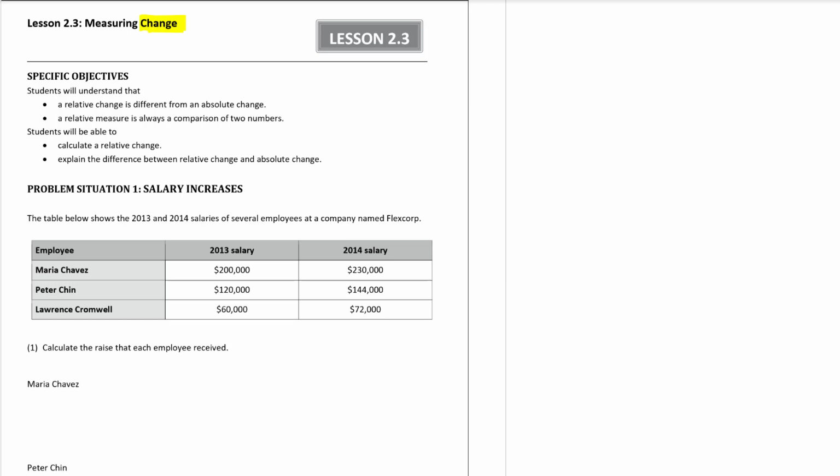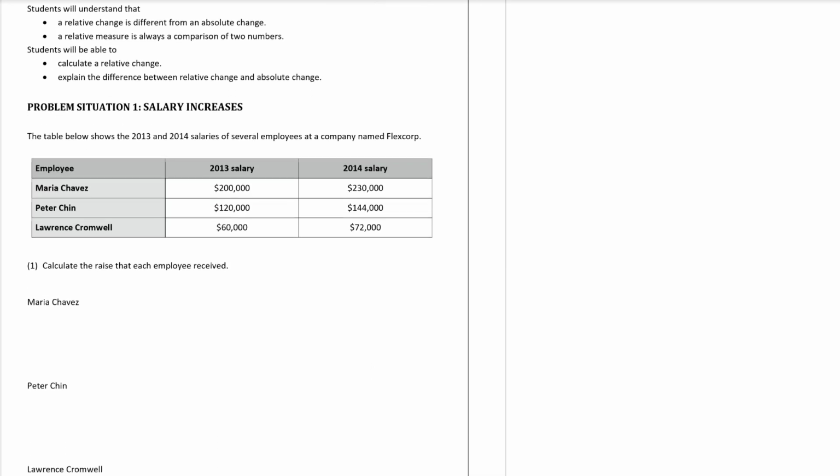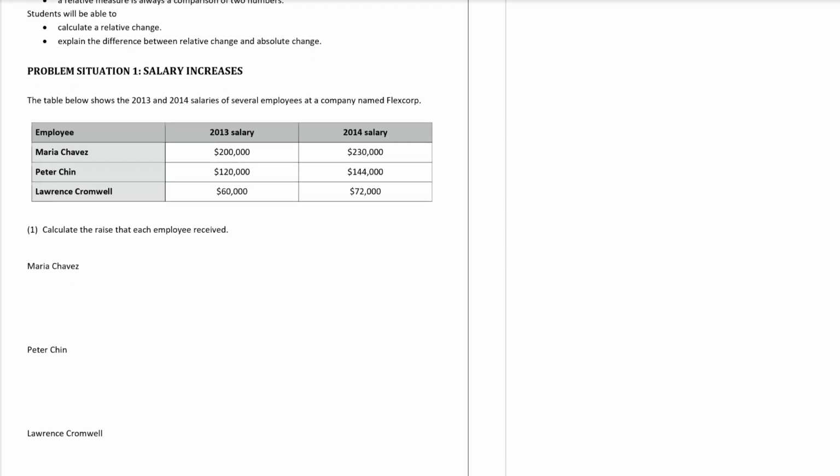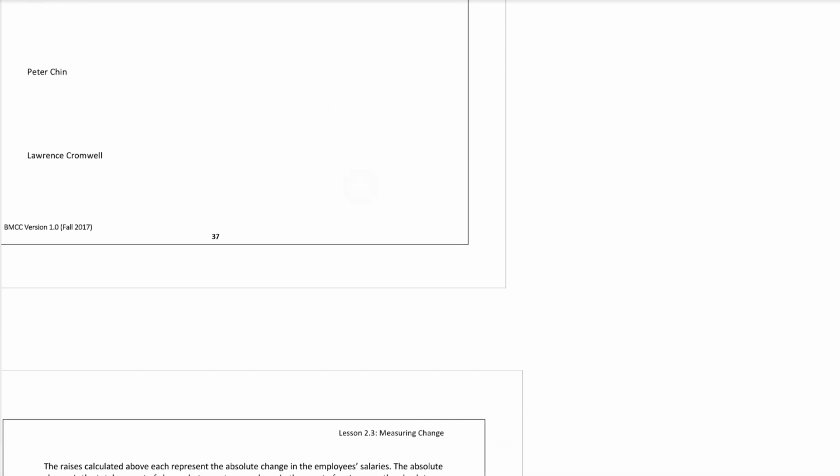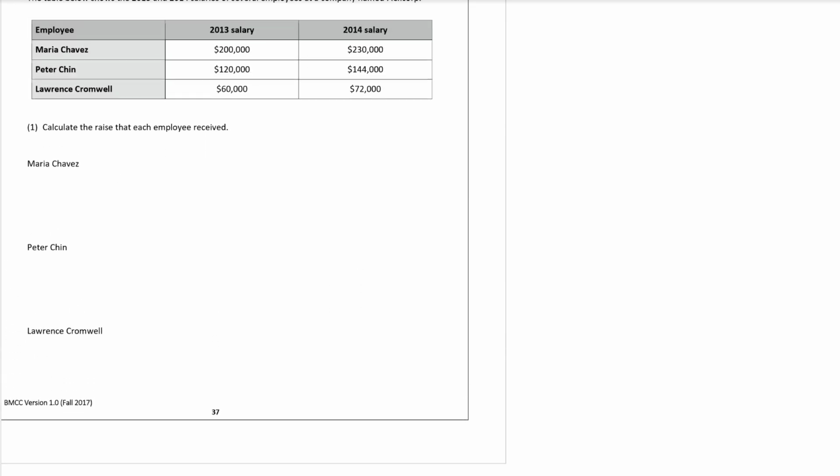So the first question is asking us just to calculate the raise. How much money did each person increase in a salary from 2013 to 2014? All right, we don't really need to review this as it's just asking to find the difference. But what I would like to say is that what we're calculating right now has a specific name.